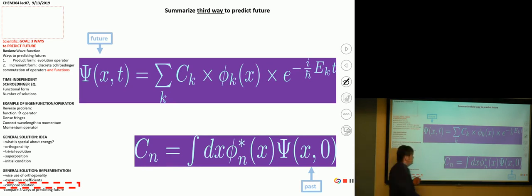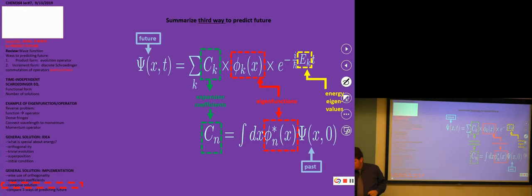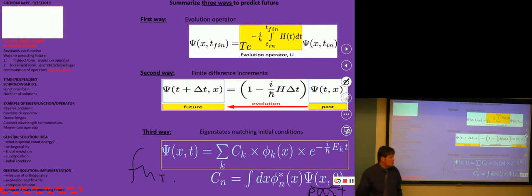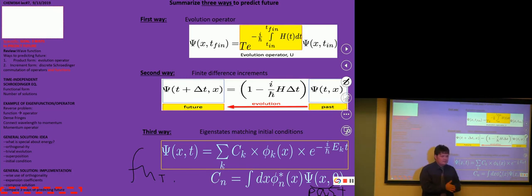So from the past to the future. Past, future, expansion coefficient, eigenfunction here and there, and phase accumulation. And those first and second ways to predict the future, which is what you knew before, and this is what you've got today. Okay, done.